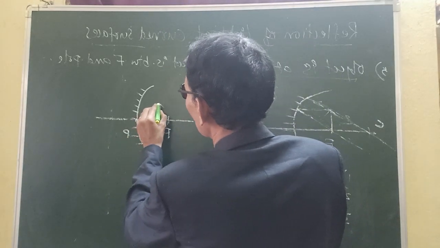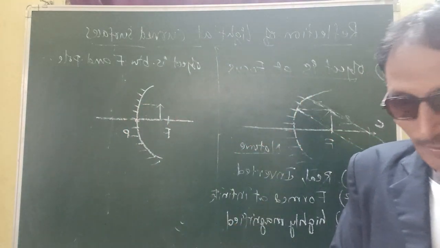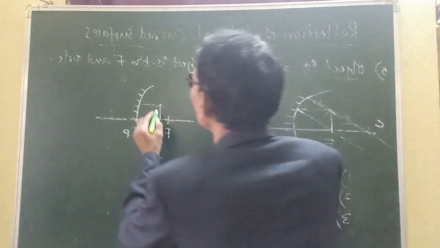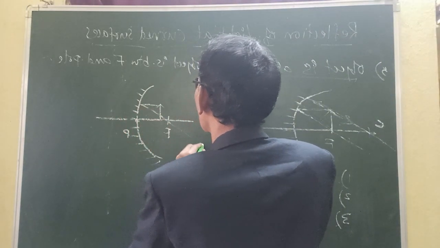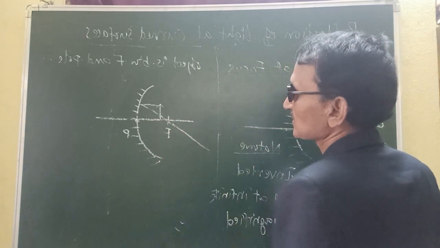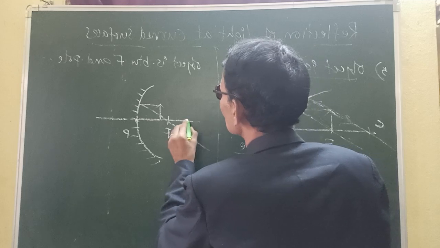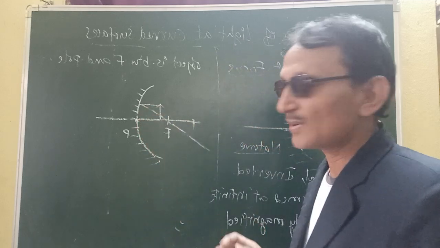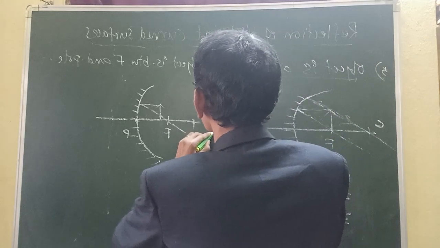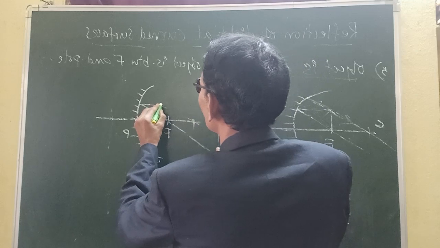Now the parallel ray, after falling on the mirror, goes through the focus. Take another ray, that is from C, from the top of the object. From the top of the object you take the ray. Here you take the ray.